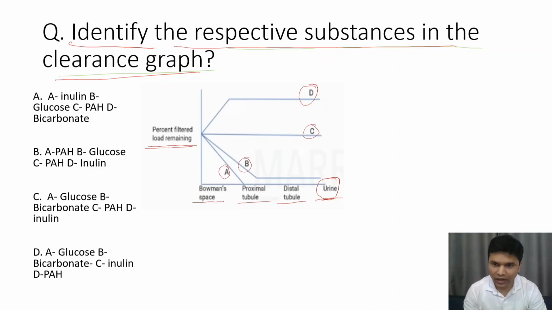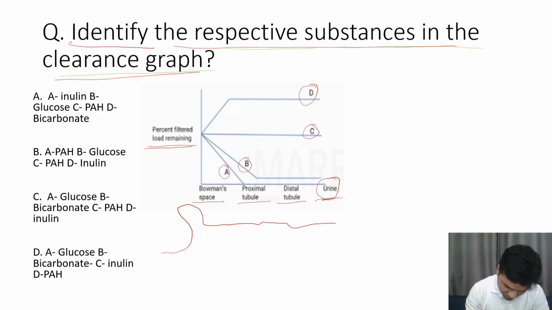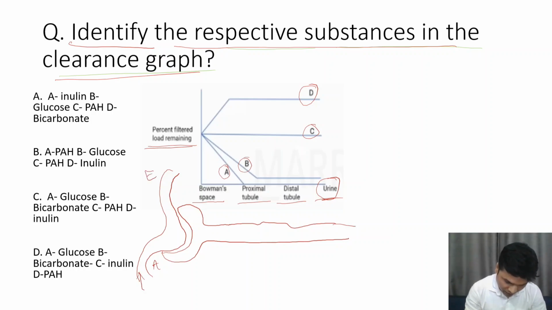So for that, let's draw a diagram, and then we'll discuss. Suppose this is the Bowman's space, and this is the afferent and efferent arteriole. Blood is flowing from here, and if blood is flowing, something will filter.